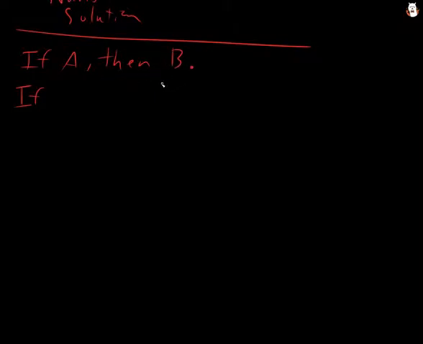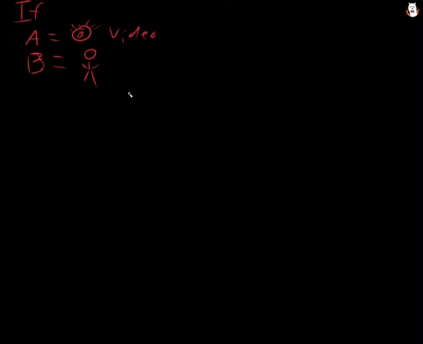So for example, if we let A be the statement that you're watching this video, and B is the statement that you're human, then this if statement can be interpreted as, if you are watching this video, then you are human. And that makes a lot of sense, hopefully, since usually humans are the ones watching this video.